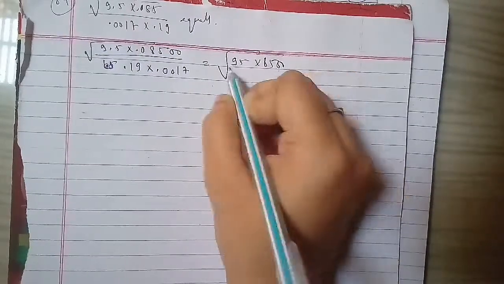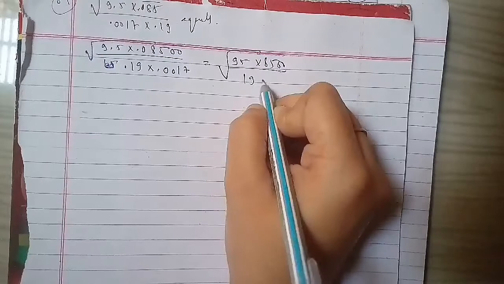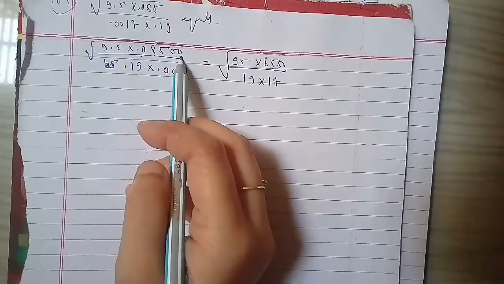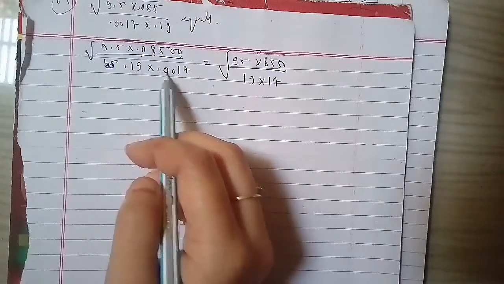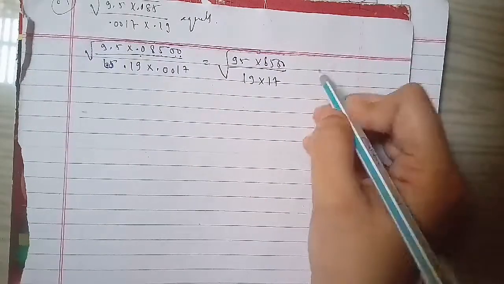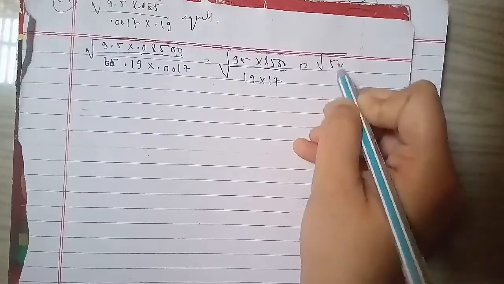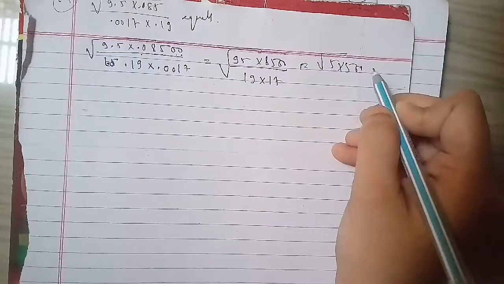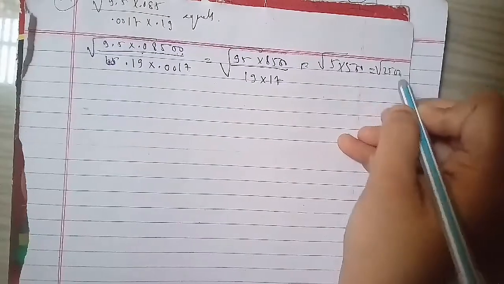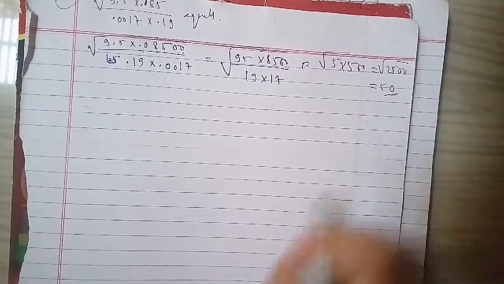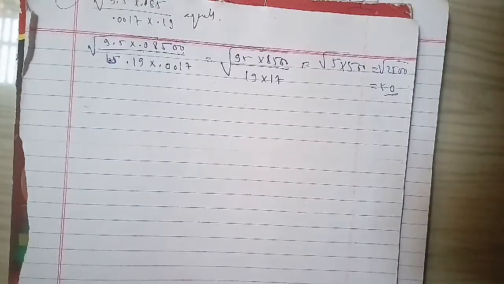Let's go ahead. We have as follows: 0.03 square plus 0.21 square plus 0.065 square whole upon 0.03 square plus 0.21 square plus 0.065 square here.